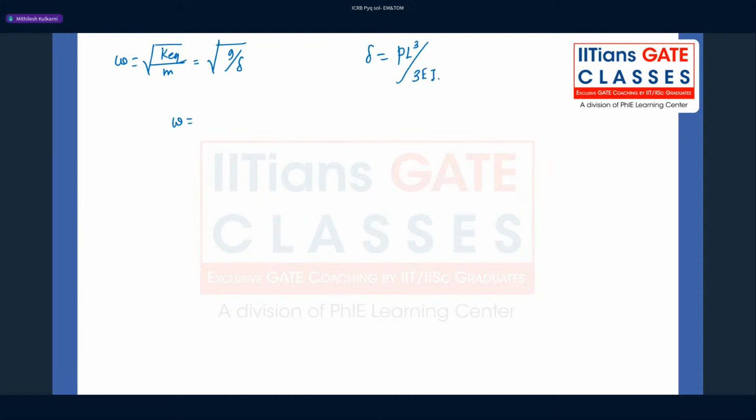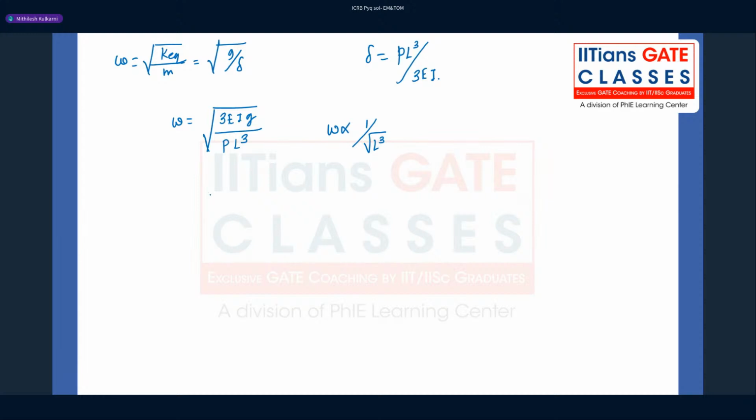So the natural frequency is equal to under root of 3 EI g divided by PL cube. So omega, you can conclude it as inversely proportional to the under root of L cube.